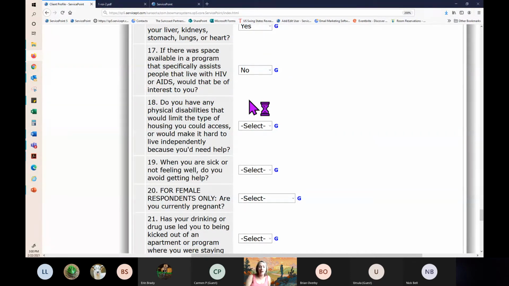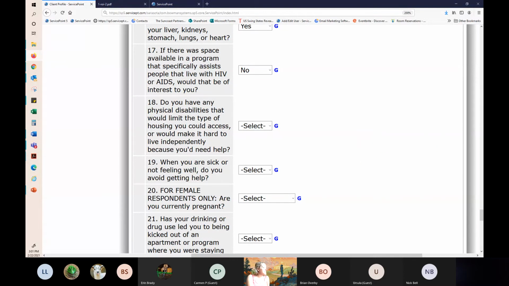This would be a client that has identified as having an HIV or AIDS diagnosis in their disability as well as here. Answering yes here and no on your HIV or AIDS disability subassessment would be inconsistent information. So it's either a yes in both fields or a no in both fields.